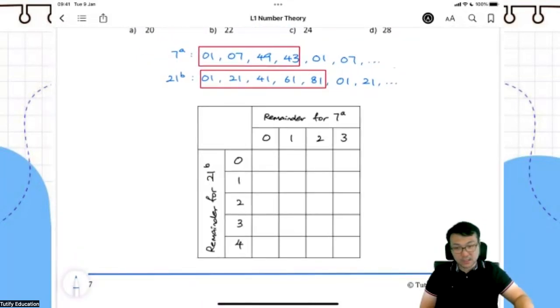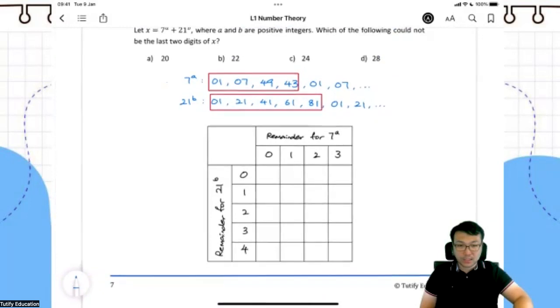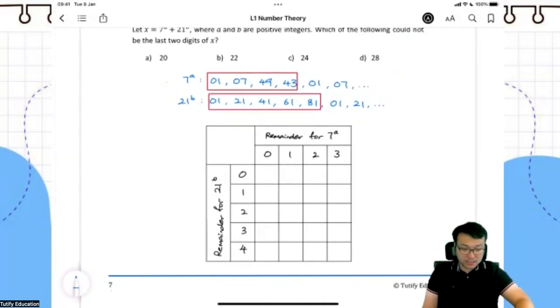So let's start filling it in, shall we? Look at the number of patterns here: 1, 2, 3, 4, 5. There are 5, so this 21 to the power of b repeats itself every 5 times.